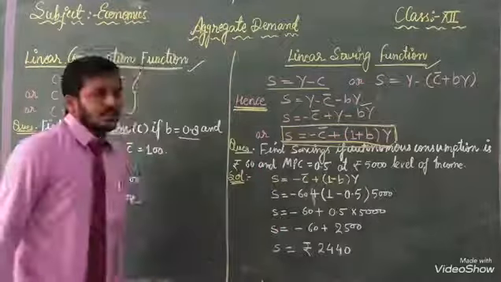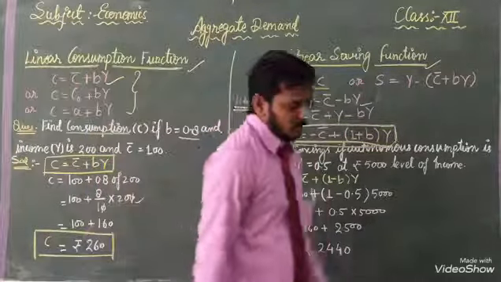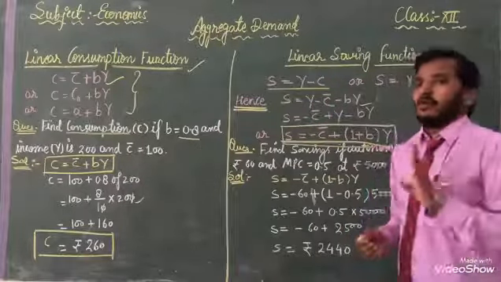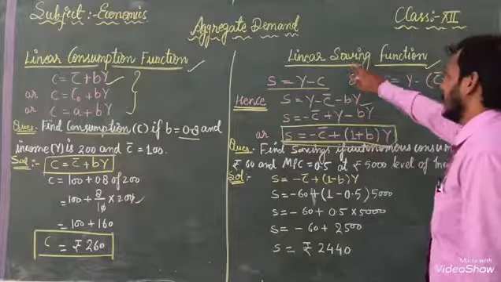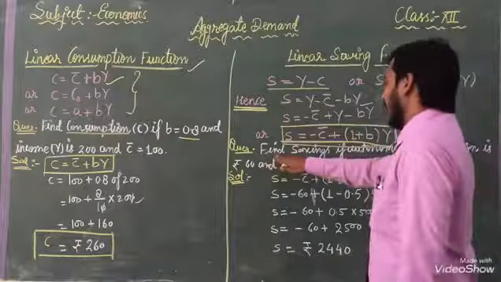So now we have to come to the point of how we can calculate the saving function. With the help of a question, how we can know and how we can calculate saving. Okay, so in front of you I have written one question, find saving.